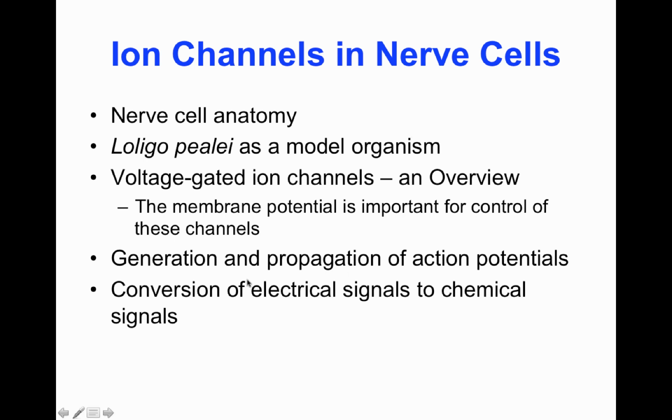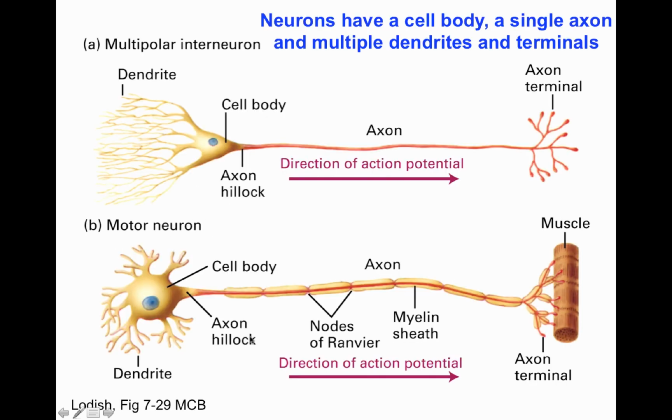That in turn generates an action potential that could be propagated down the axon of the neuron. And last, we're going to explore how those electrical signals eventually get converted to chemical signals that the neuron can release to activate other cells.